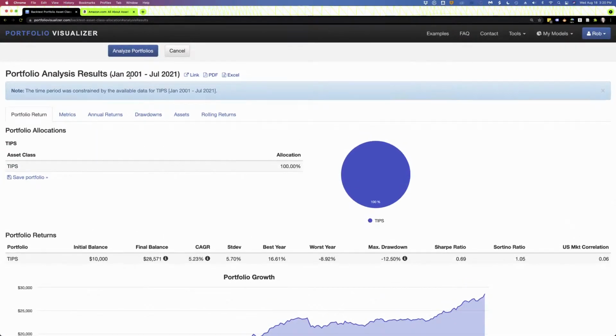Yeah, it's limited to 2001. One of the things you can do with the paid version is say, hey, Portfolio Visualizer, if you're limited for TIPS, I want you to then, for the periods before 2001, use this asset class or this investment instead. So if you could find something that you thought was comparable to TIPS, you could tell Portfolio Visualizer to use that so that your data could go back further in time. Those are the two things that I probably use the paid version for the most.